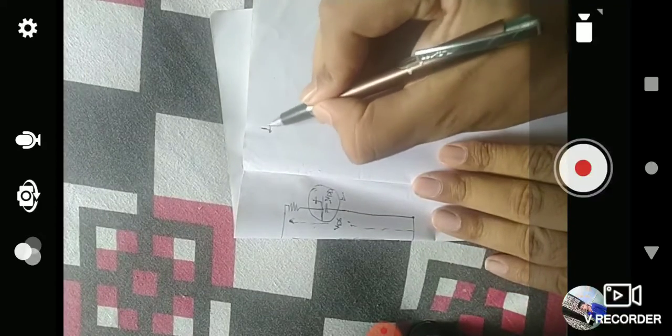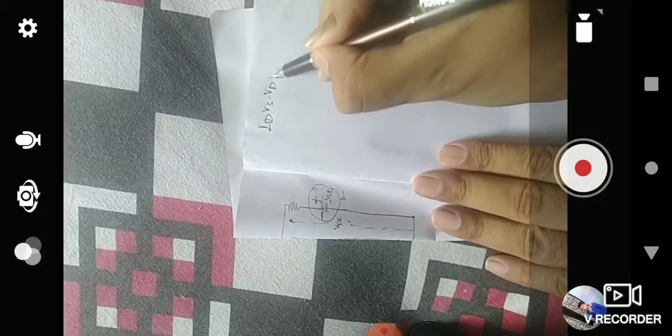We only plot ID versus VDS, where ID means drain current.